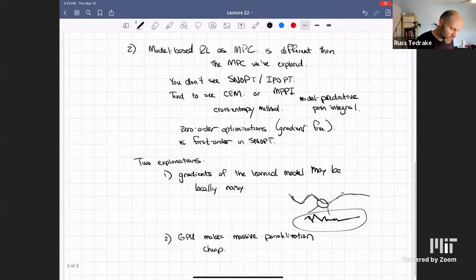But in general, by most metrics, like how many simulations or how much you're going to raise the temperature of the room by computing one of these methods versus the other, you would expect the first-order methods to converge more quickly and with fewer samples than a zero-order method. So from my perspective, it's surprising that people aren't leaning more heavily on gradient-based methods given a differentiable model in a neural network. But in practice, I see that they're not.